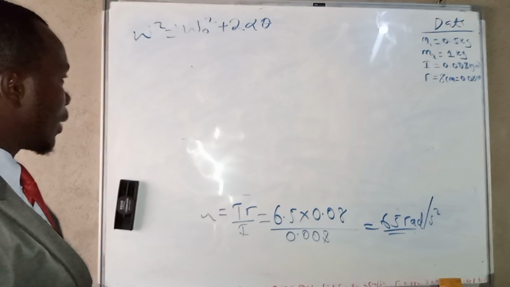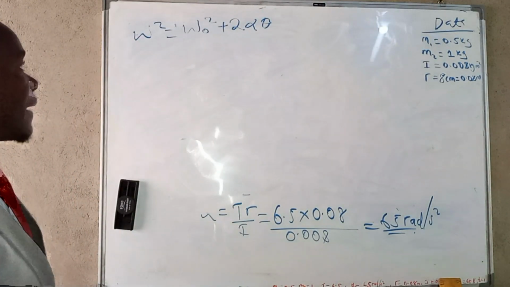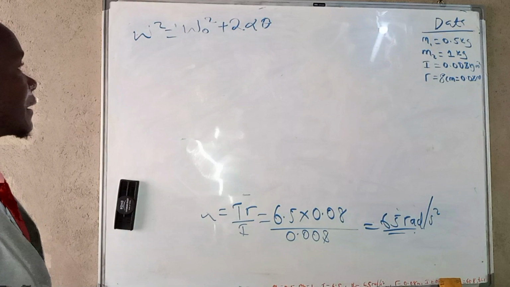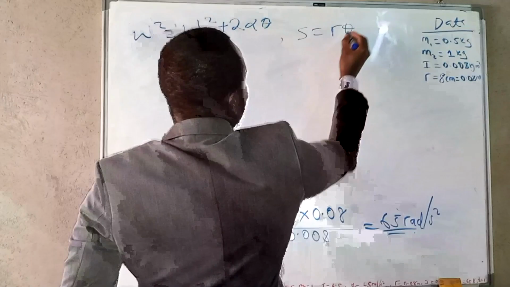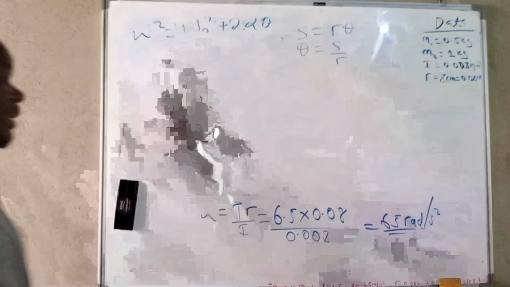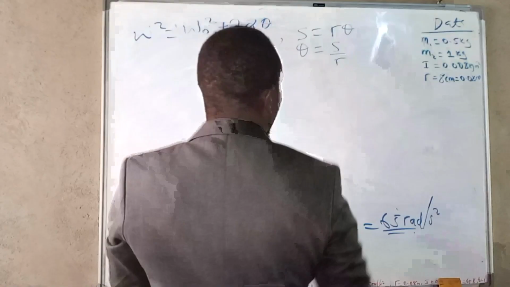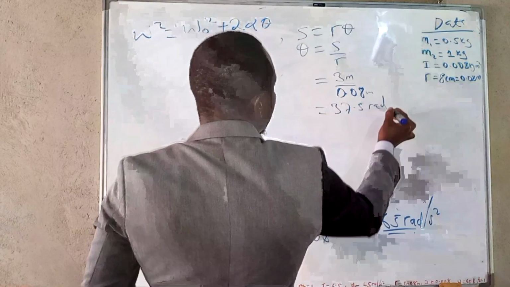Then we remain with theta, but the relationship between linear displacement and angular displacement is S equals R theta, so theta is equal to S over R. The displacement it is going to cover is 3, so theta is equal to 37.5 radians.